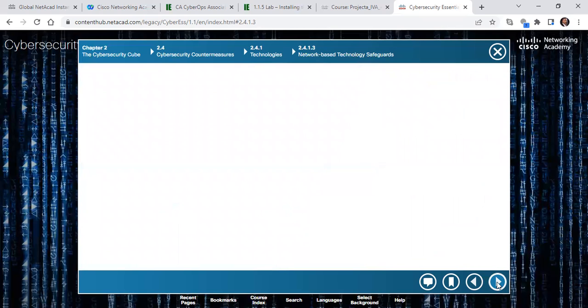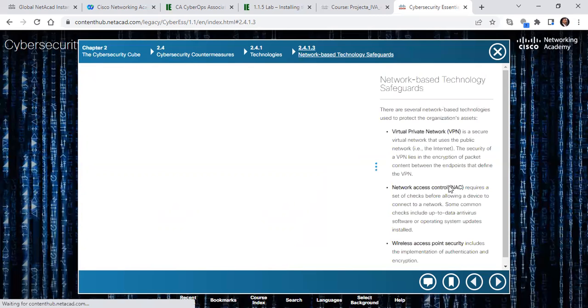So we're still talking about the technology safeguards. We're going to look at the network-based ones, all right?